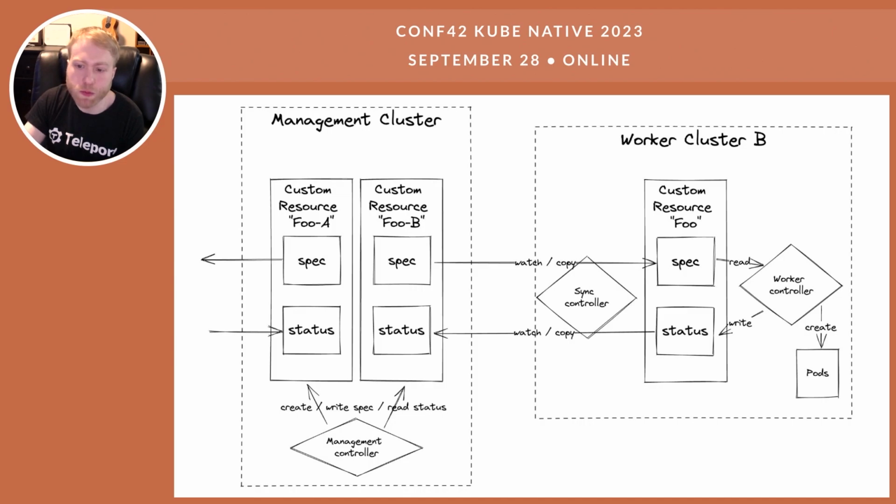The reconciler then writes the latest status of that resource in the regional cluster, and then Sync Controller is also watching that regional status and copying that back to the management cluster, so that from both the regional cluster's perspective and the management cluster's perspective, you have the same resource. But the management cluster can create and operate a selection of these resources from the outside, whereas the regional cluster can do the actual reconciliation of the resource and create the necessary pods.